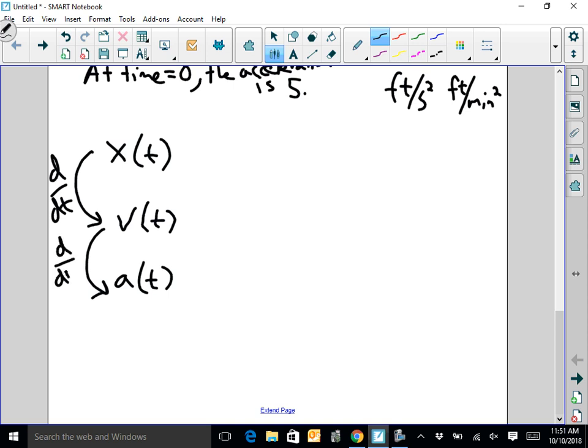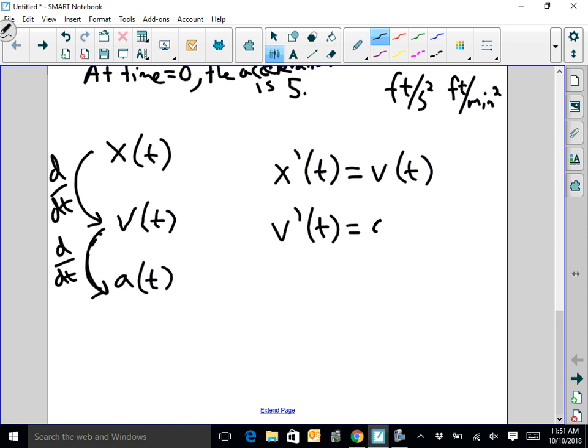So in other words, the derivative of my position time function is equal to velocity. V prime of t would equal what? Well, that would be the derivative of velocity, follow the loop, is a of t.